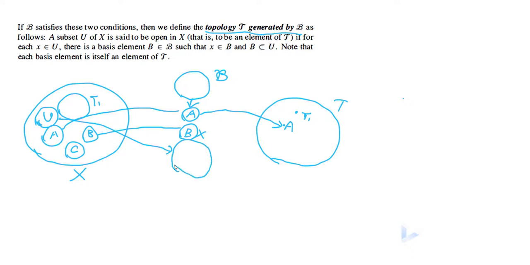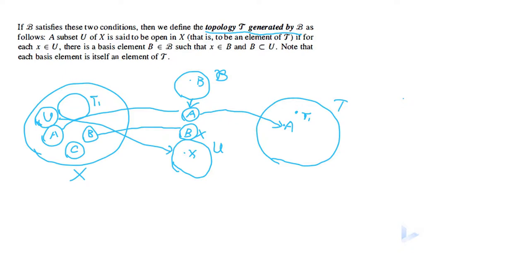For any x inside this U, there is a basis element B inside the collection B, such that x is contained in this B, and the B is contained in this U.